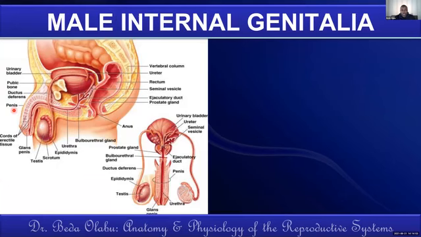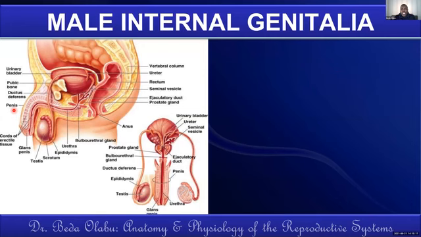Right, so that is the structure of the male external genitalia. We've talked about the anatomy of the penis, we've talked about the anatomy of the scrotum, and we stated the functions of each. I told you that the male reproductive system consists of external genitalia and internal genitalia.